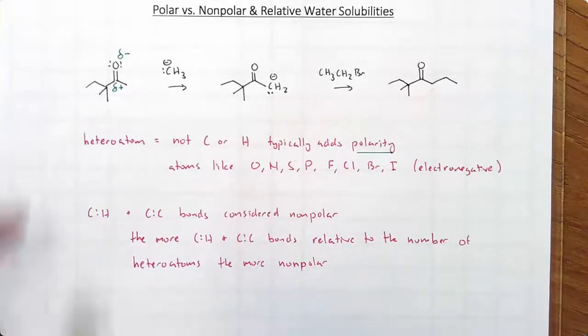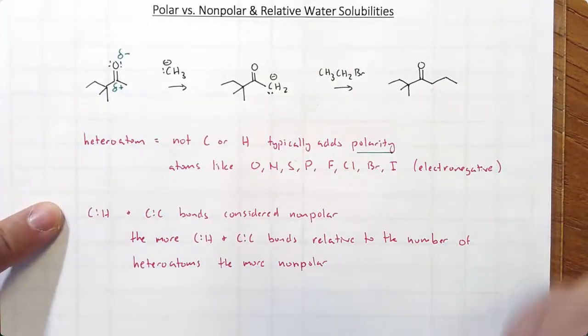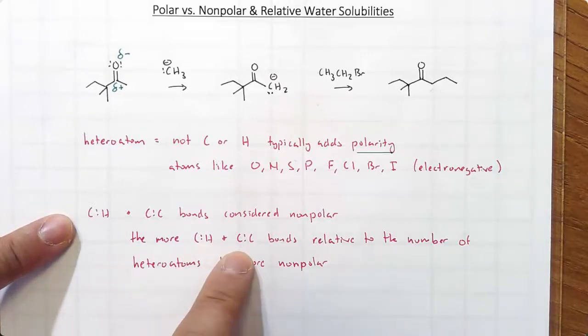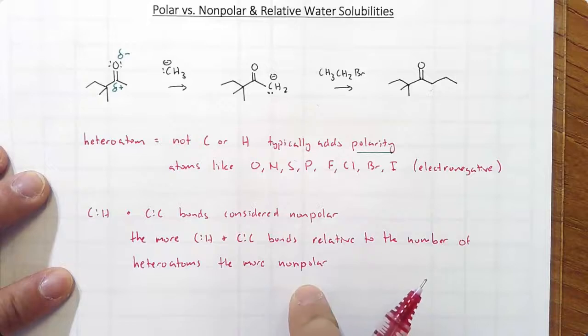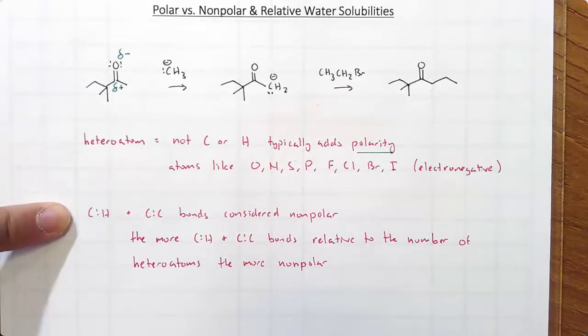Does that make sense? If a heteroatom adds polarity, then the absence of heteroatoms and the presence of a lot of carbon and carbon-hydrogen bonds will make the molecule nonpolar. More of these relative to heteroatoms, more nonpolar.